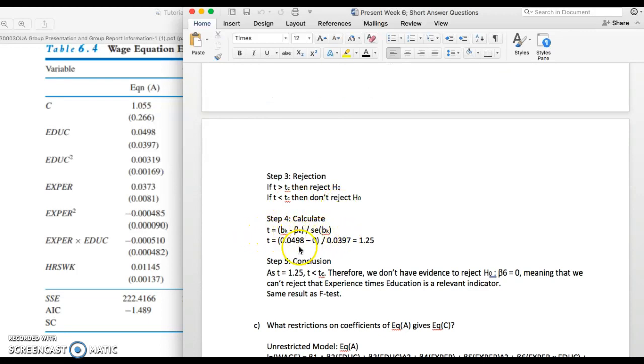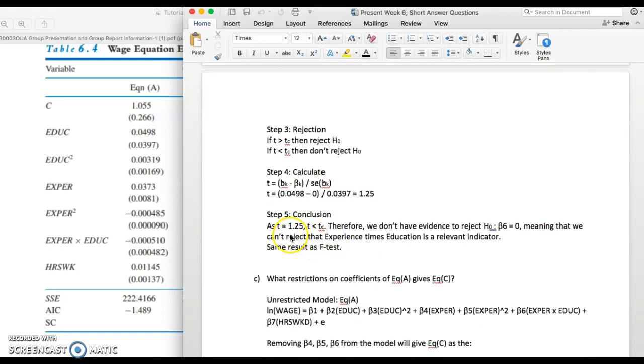Using this formula here, we're able to calculate that the t-value is 1.25, and again, the t-value 1.25 is less than the t-critical value. So we don't have evidence to reject the hypothesis that beta 6 is 0. Meaning that we can't reject that experience times education is a relevant indicator. The same result as the F-test.